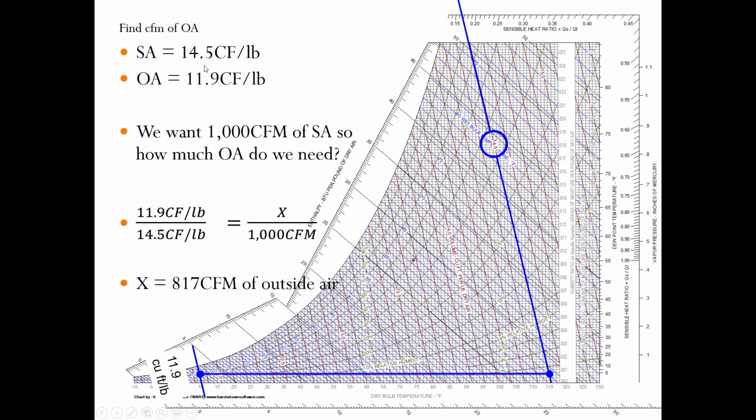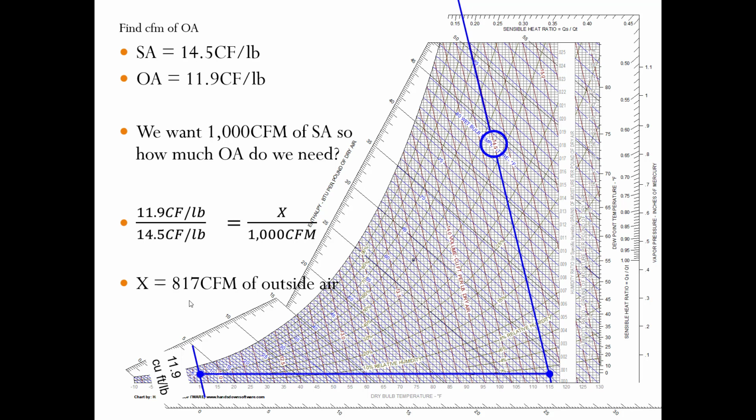So we've got supply air at 14.5 cubic feet per pound, outside air at 11.9. We do a quick ratio by dividing our outside air volume per pound by our supply air volume per pound, and then multiply it by 1,000 CFM. And boom, there you go. You've got 817 cubic feet per minute of outside air that we need to bring in to be equivalent to 1,000 CFM of supply air.